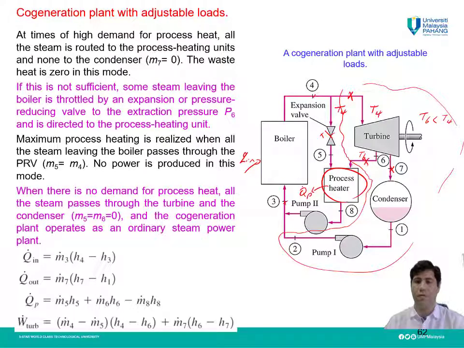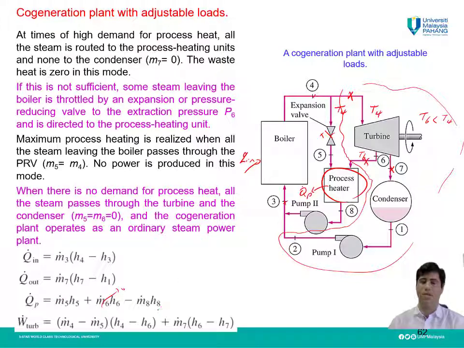When the turbine is out of the cycle and not working, and the steam is routed from this line, then m dot 6 H6 will be 0, for example. And also when this is closed, it will be 0. You can use this equation to calculate Q dot P in different conditions, which is dependent on the state of the working fluid.